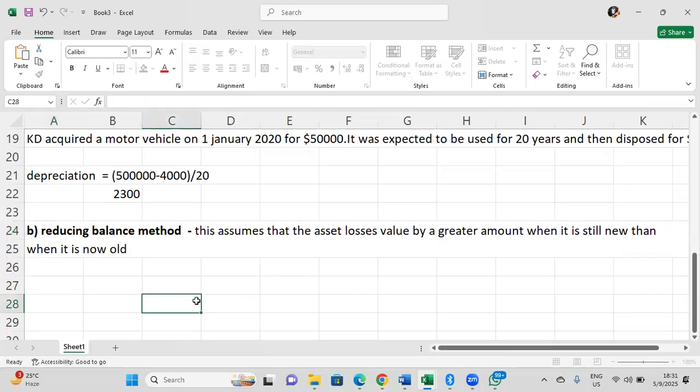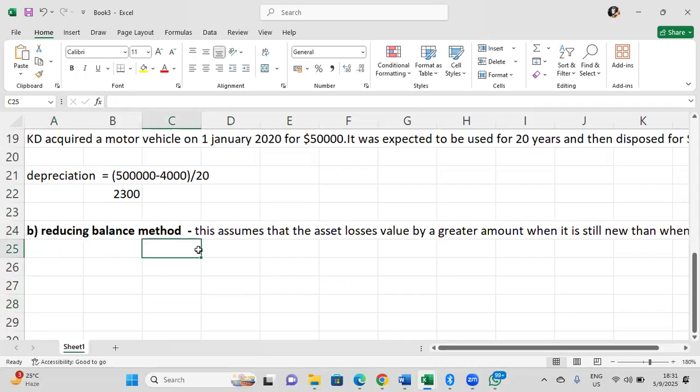So under the reducing balance method, if the asset is still new, it loses value by a very big proportion. Then as the asset grows old, the value keeps reducing, but not by the same large amount. That's the assumption of the reducing balance method.